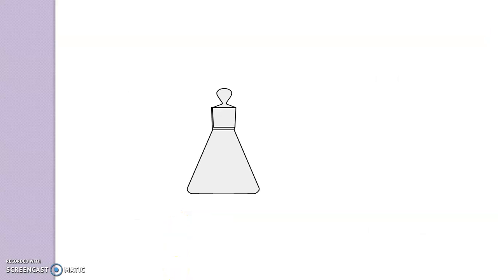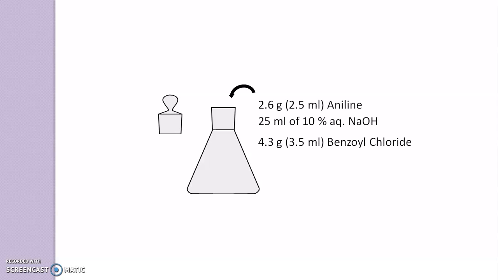Now the procedure. You have to take an iodine flask, then place in it 2.6 gram of aniline, that is 2.5 ml of aniline, 25 ml of 10% aqueous sodium hydroxide solution and 3.5 ml of benzoyl chloride.